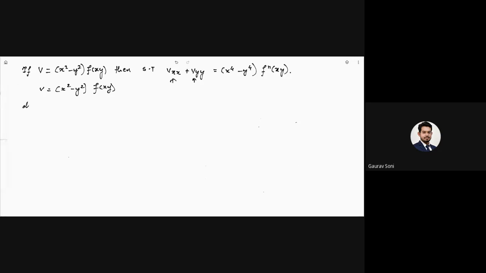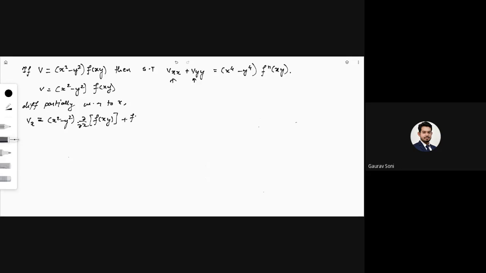So differentiating partially with respect to x, we'll have Vx is equal to x square minus y square as it is, times the partial derivative with respect to x of f of xy, plus f of xy times the partial derivative with respect to x of x square minus y square.